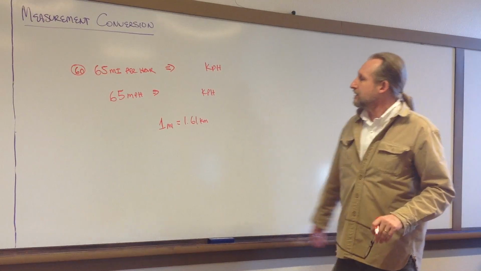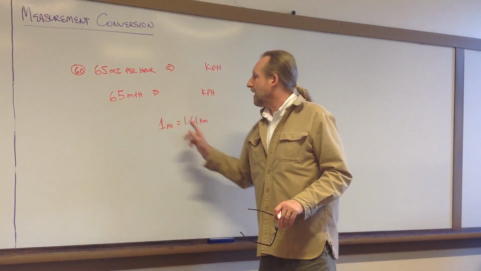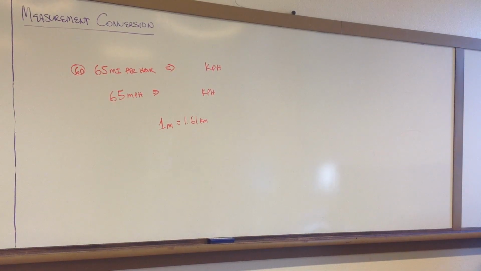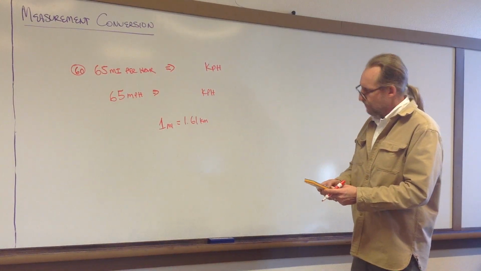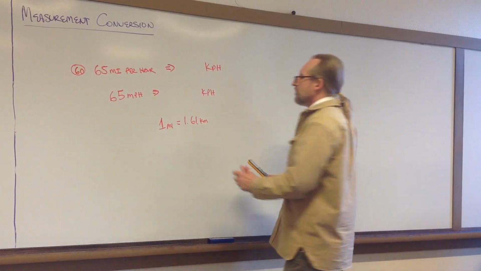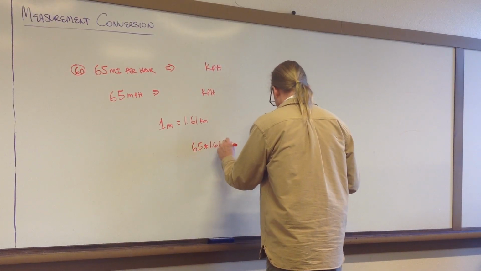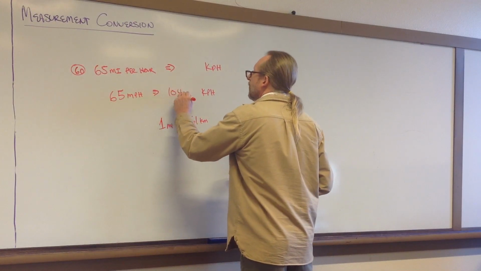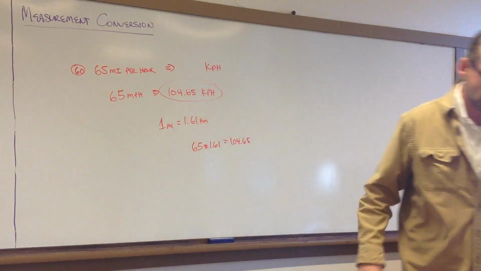If we've got 65 miles per hour, the question of do we multiply or divide: we're going to multiply by that 1.61 so that our answer gets bigger to reflect that we need more kilometers to represent that same distance. So 65 times 1.61 gives us 104.65 kilometers per hour.